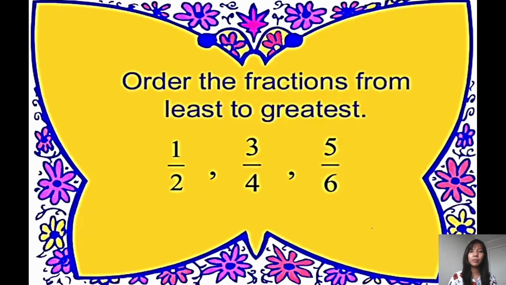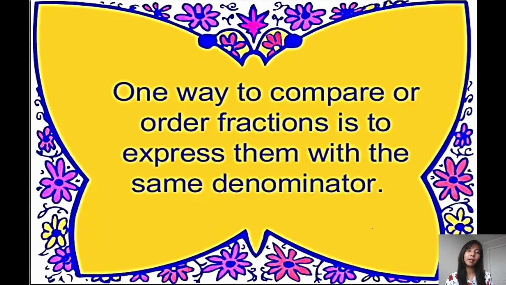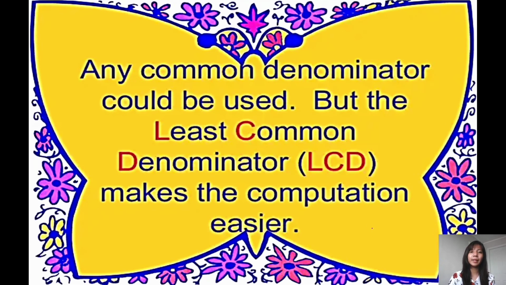Okay, so order the fractions from least to greatest: 1 over 2, 3 over 4, and 5 over 6. So you can arrange the fractions by picture. Alright? One way to compare or order fractions is to express them with the same denominator. So you have to use LCM to get the LCD.